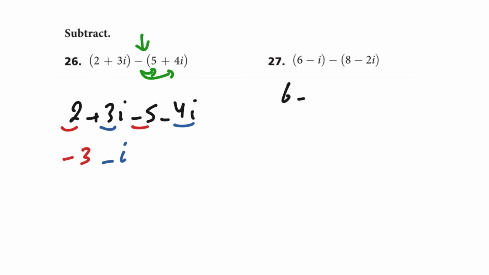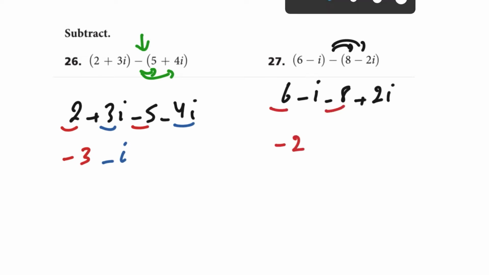The next number, 6 minus i, negative 8 and plus 2i. The real 6 minus 8 is negative 2. The imaginary negative i plus 2i is plus i.